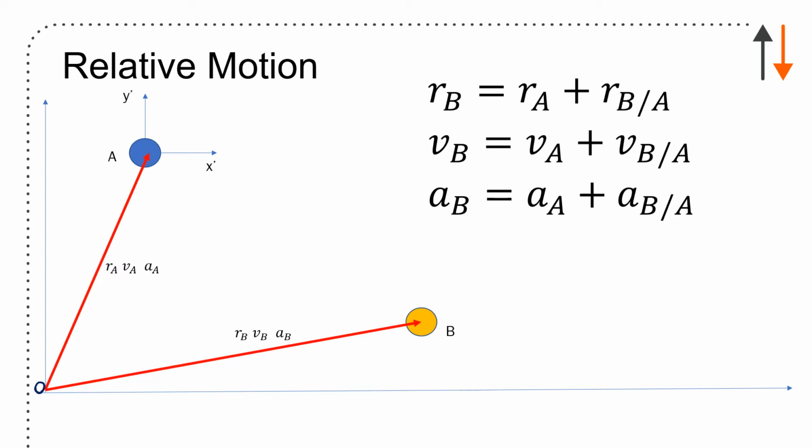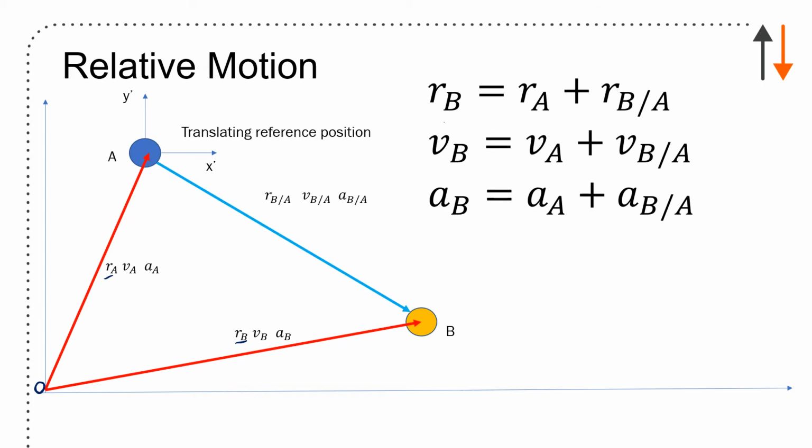So I have a second coordinate system I've defined, x prime, y prime, and it's a certain distance away from B. Now B I've already defined with respect to the origin as well, and it's a distance r sub B. And if I do that, I can say the distance from B to A can be defined with an equation written like this: RB is equal to R sub A plus RB with respect to A.